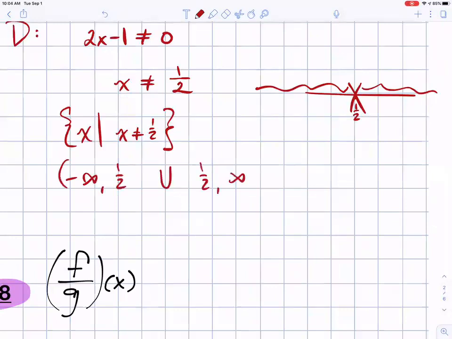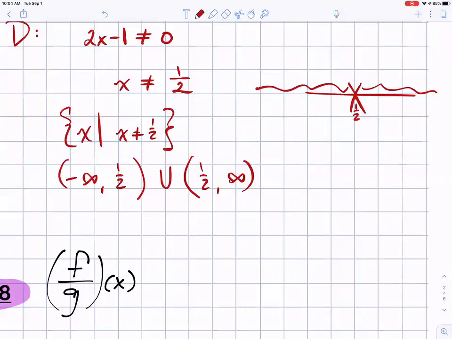Now I need some symbols on that. What kind of symbols do you want to use on the 1/2? Square bracket or round parentheses? Parentheses. Why? Because you're not actually using it. You can't use it. We just said you cannot equal that one. Question, Devin? Isn't X equals 1/2 just an asymptote?